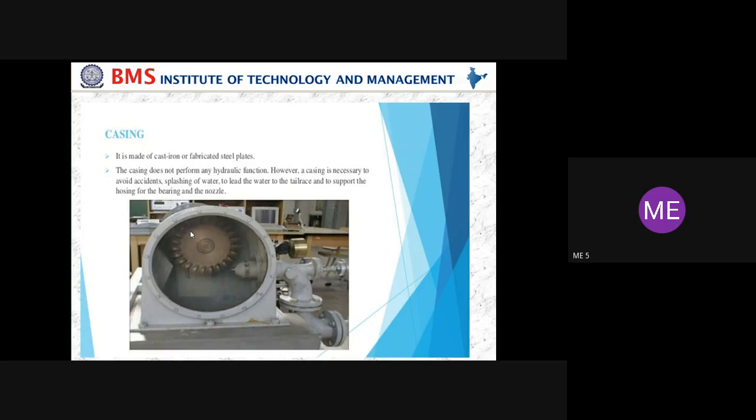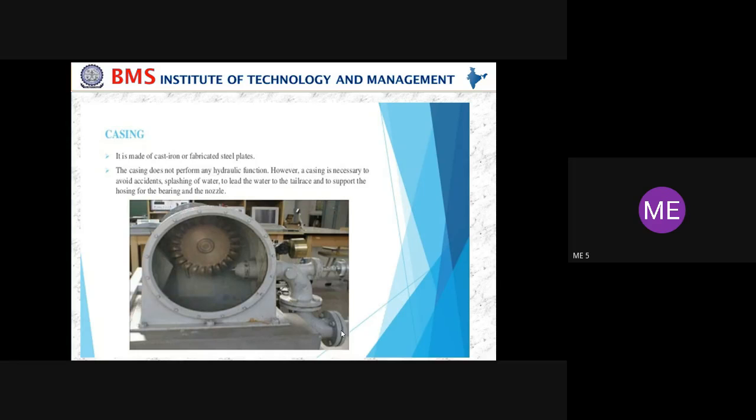Next, the mechanical energy is converted into electrical energy when the electrical generator is connected to the shaft. Then after performing the work, the water discharges through the tail race. This is how the construction and working of the Pelton turbine goes.